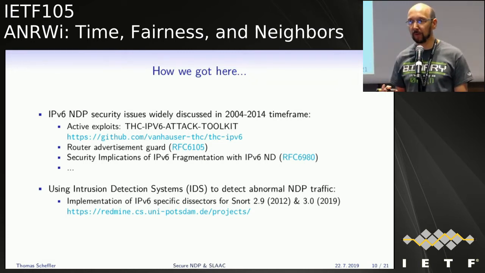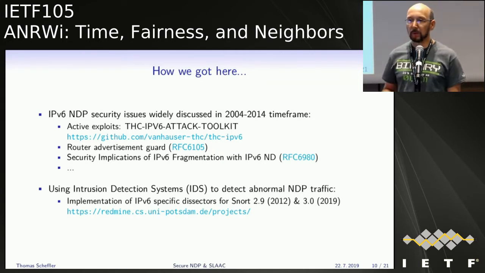They didn't even have a way to distinguish an IPv6 ICMP message from an IPv4 ICMP message. So we did some implementations there to allow this distinction, and we looked at this in order to detect NDP attacks in IDSs, but then found that this is maybe one way to do it, but there are maybe others.